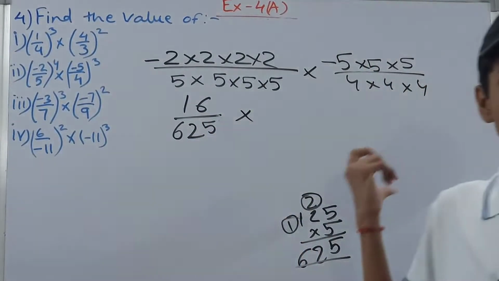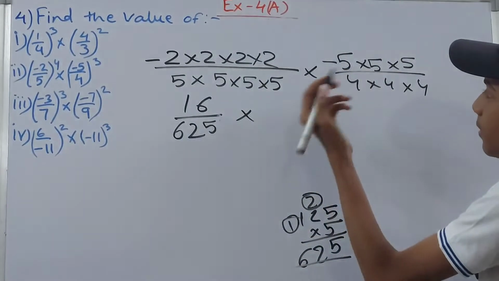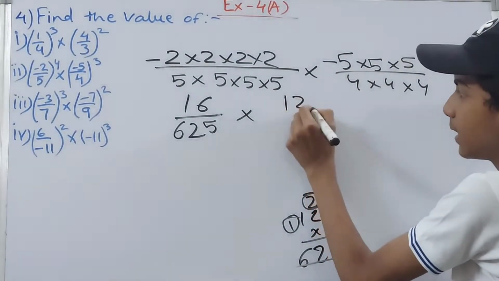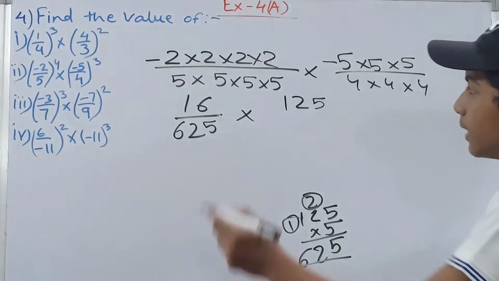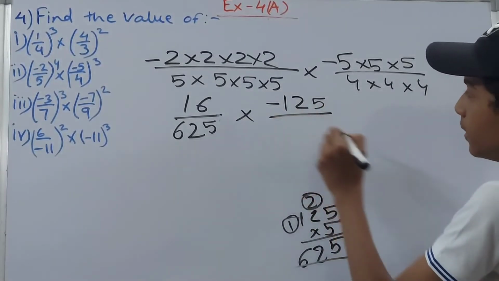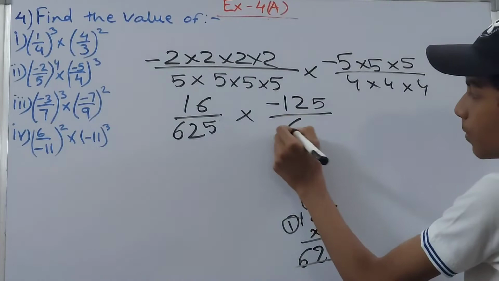Now here, minus 5 into 5 into 5, we get 5 into 5 is 25, then 125. And since our exponent is odd, we'll put a minus sign, upon 4 into 4 into 4, which becomes 64.